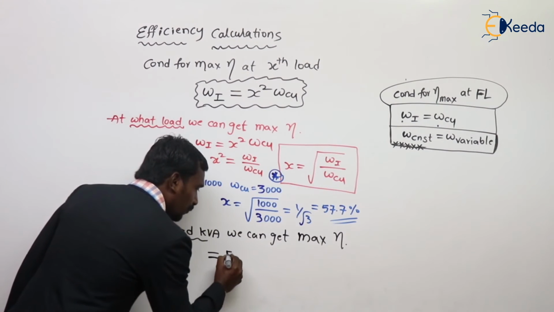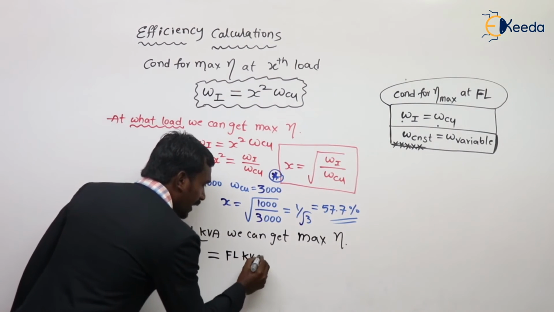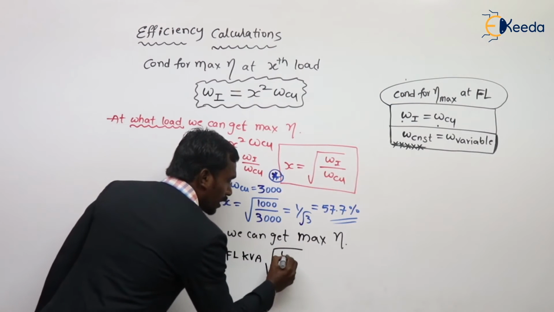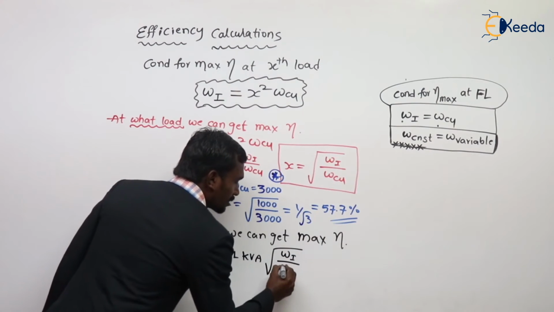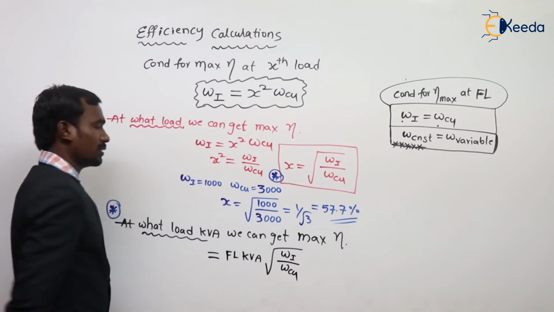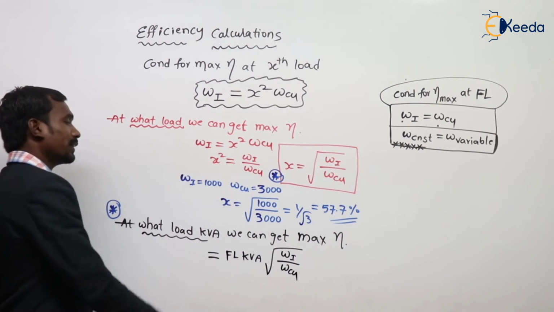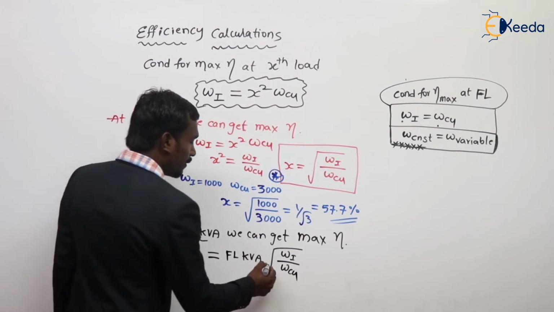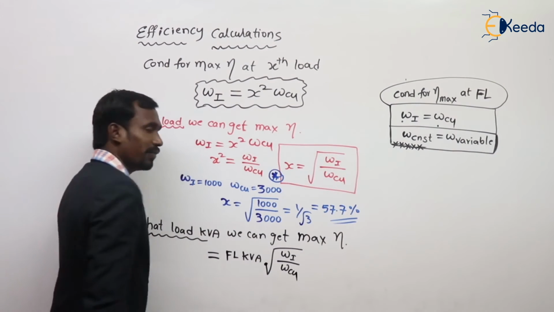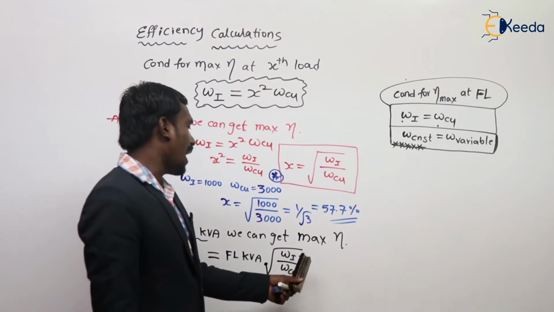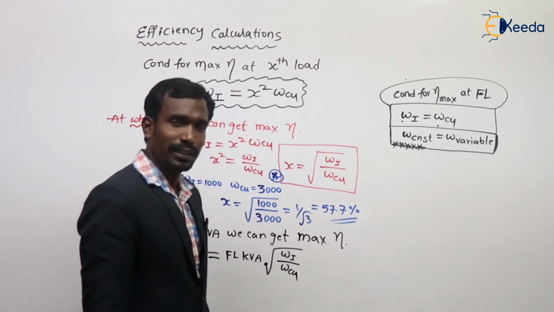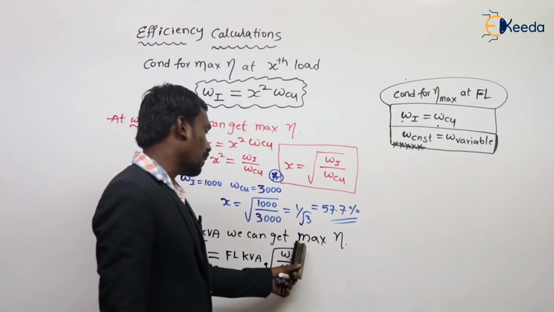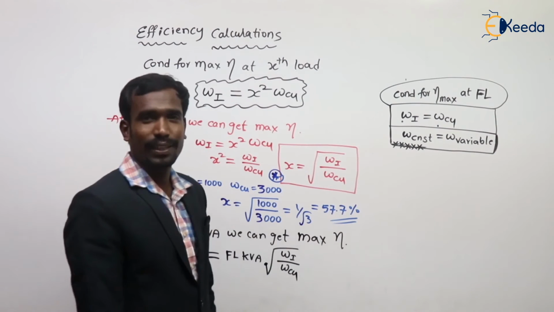Nothing but full load kVA into square root of iron losses upon copper losses. That is full load kVA into square root of iron losses by copper losses.